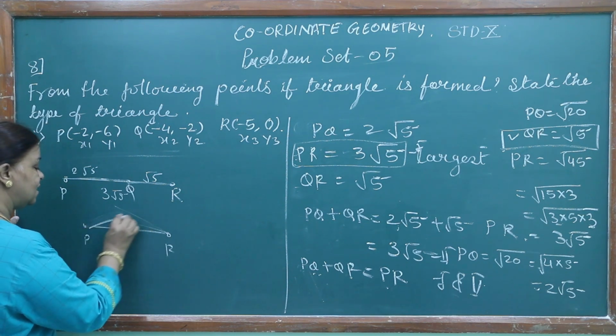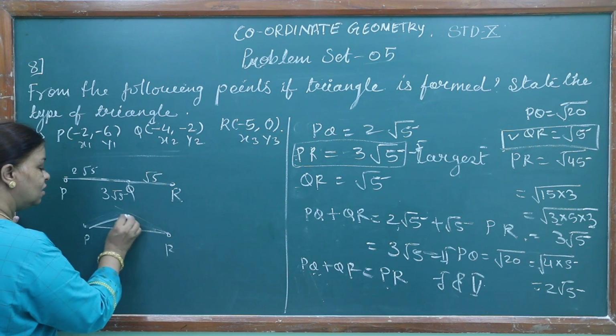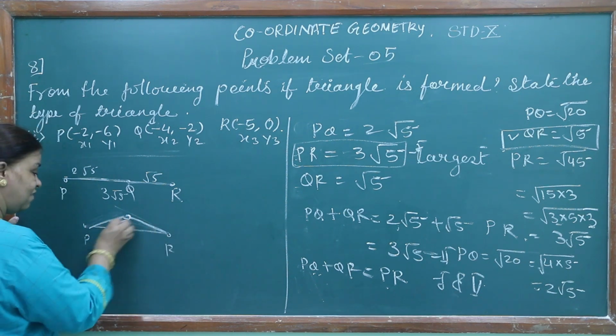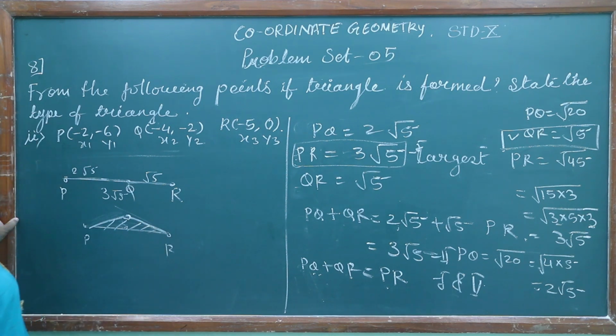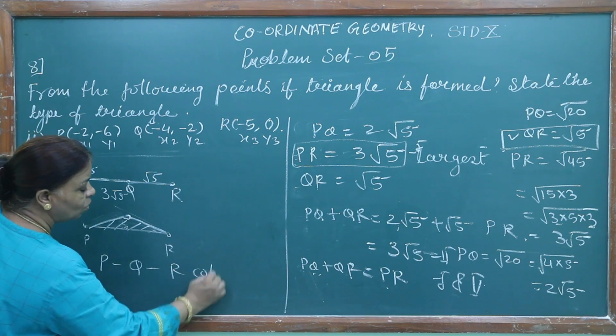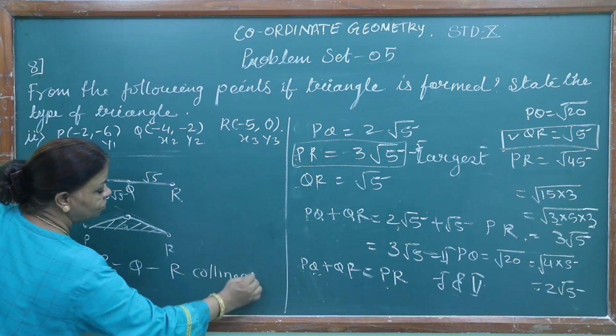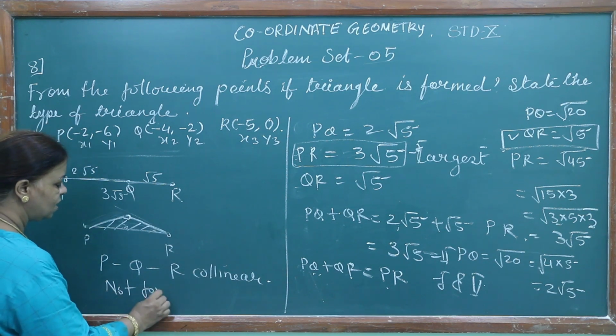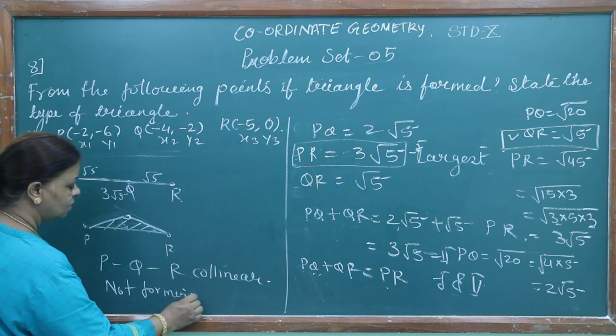This should be raised. Then only both the points will touch each other. And in that case they will form a triangle. Okay. So here there is no formation of a triangle. Fine. So what happens? The points P, Q and R are collinear, but they are not forming a triangle.